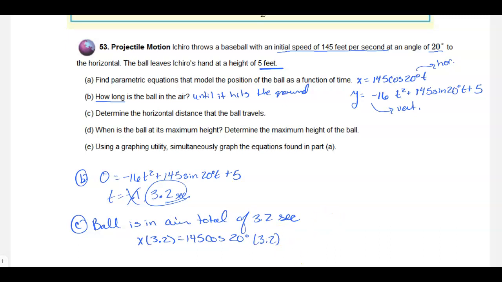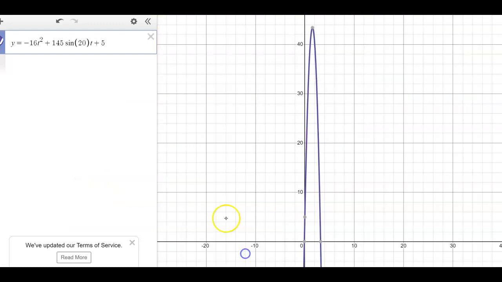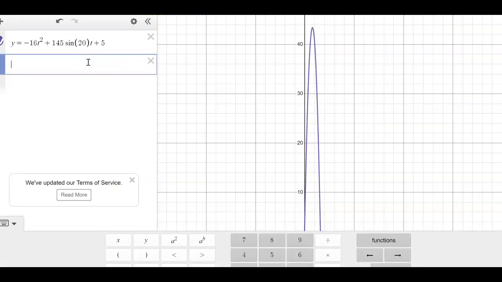And I'm going to do this in Desmos, just to get my value here. So 145 cosine of 20 degrees times 3.2. And we're going to get about 436 feet there.